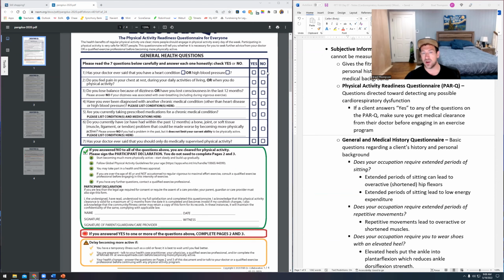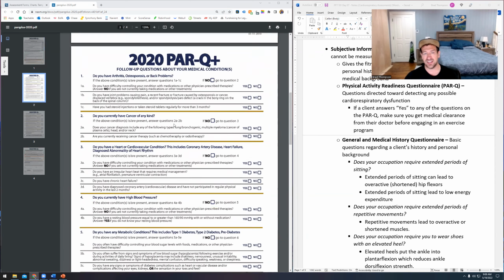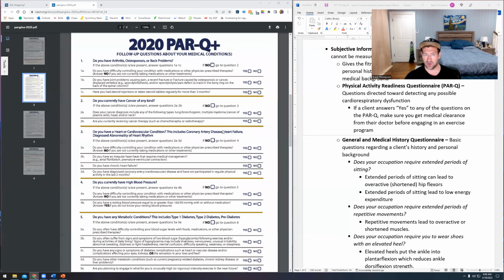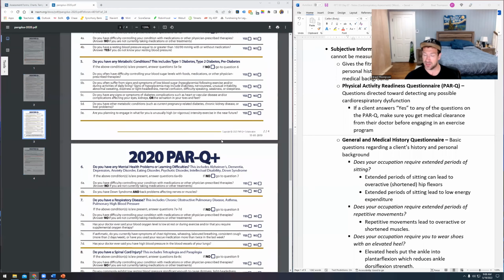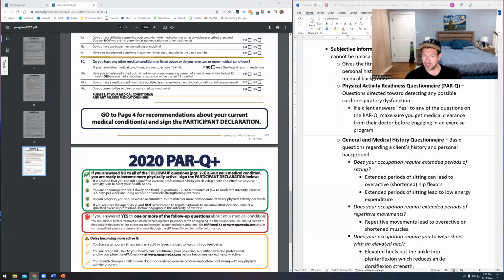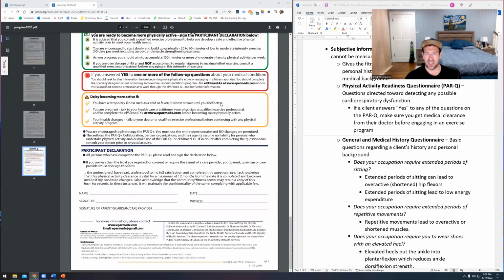So if they answer no to everything in this, great, just move on, have them sign it and they are good to go. So this is kind of like a super waiver, right? Then if they said yes to anything, they can go down to this much more advanced version. And you can see this is going to go way more in depth into any specific medical conditions out there. It's pretty much got all the common ones on it.